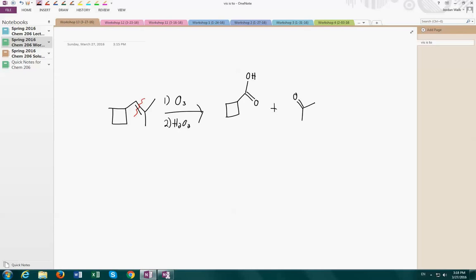So if we were to do a mechanism here, let's see what we could do. We'll start with our double bond like this, and we're going to have ozone, which looks like that. All right, let's make sure we're in it correctly.